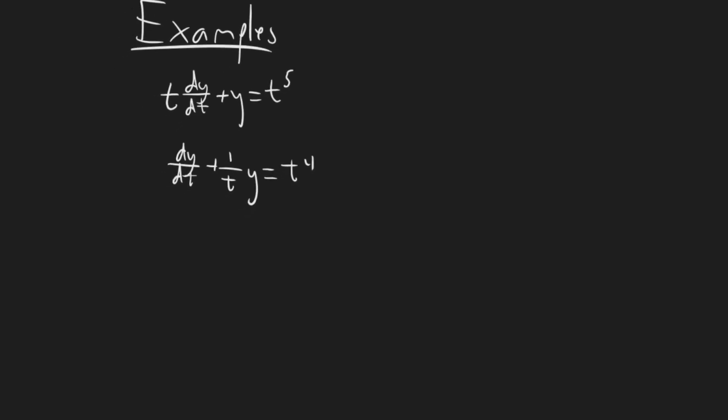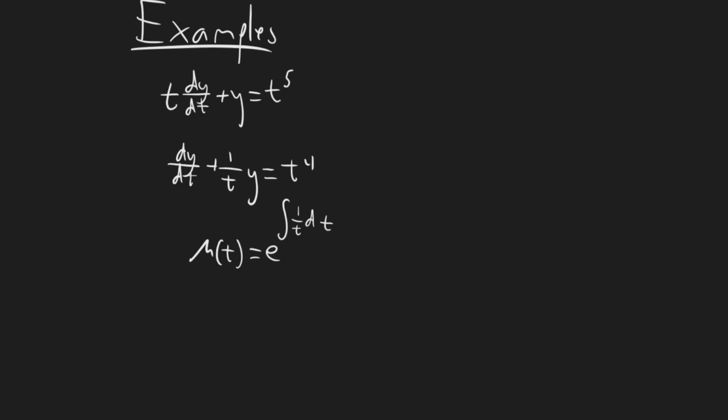All right. So now, remember the next step is finding the integrating factor. We call this mu, in this case mu of t, equals e to the integral of p of t, which is whatever is in front of the linear variable. So here it's 1 over t, so e to the integral of 1 over t dt.